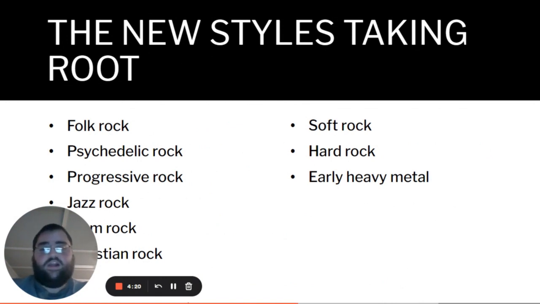However, there was a new classification for rock music that came through at the time: soft rock, which was their general softer played rocks like psychedelic and folk rock; hard rock, which is self-explanatory, it was harder than other ones; and the early versions of heavy metal, which was hard rock but played with more intensity and volume.